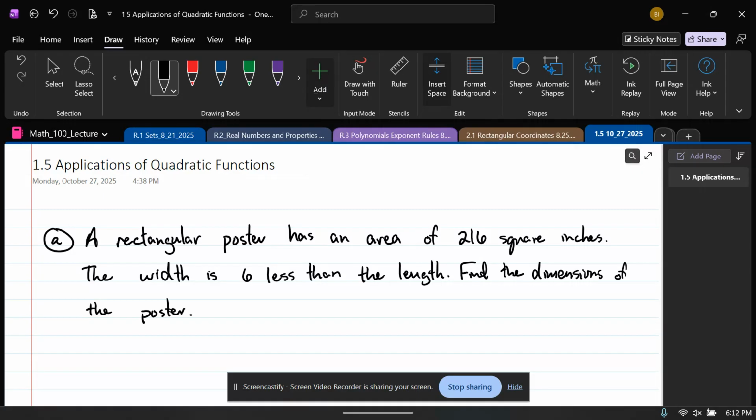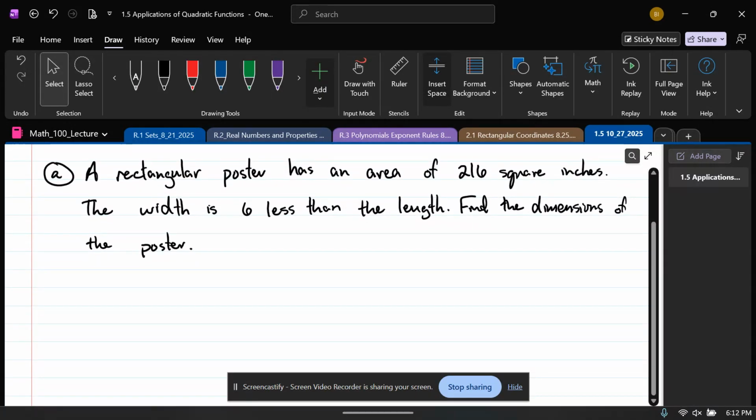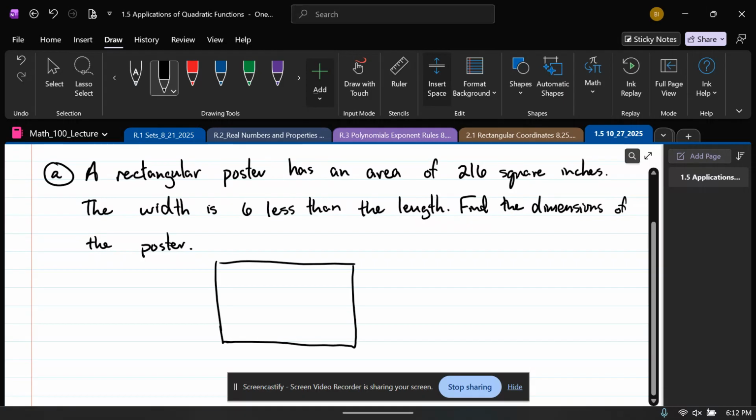So we've got a word problem here. It says a rectangular poster, so the first thing I do is draw a rectangle. It tells me that the area of that poster is 216 square inches.